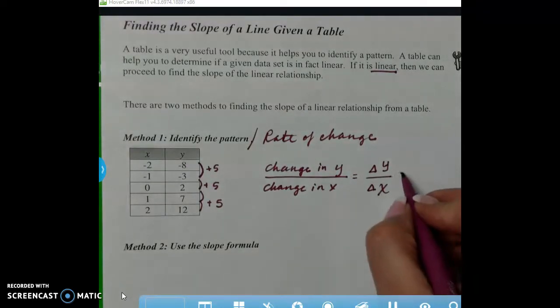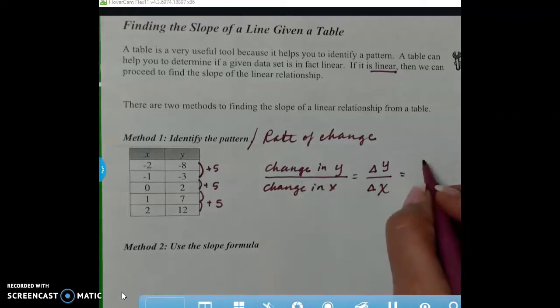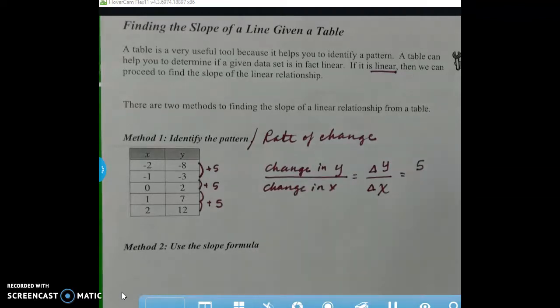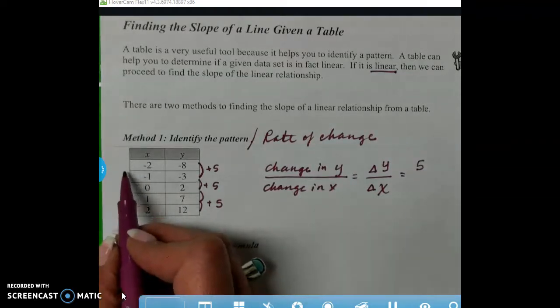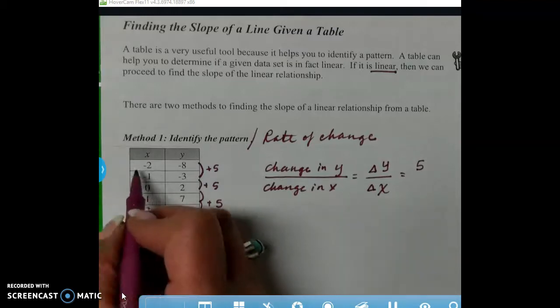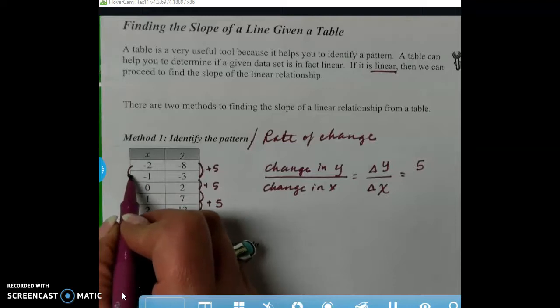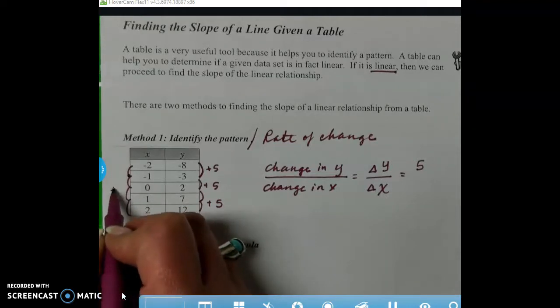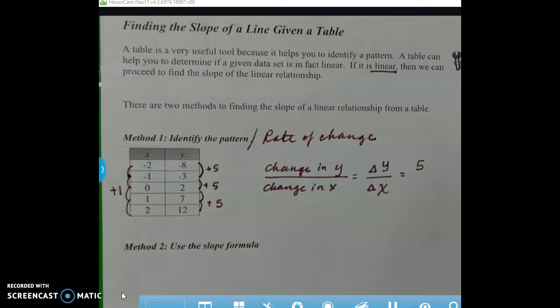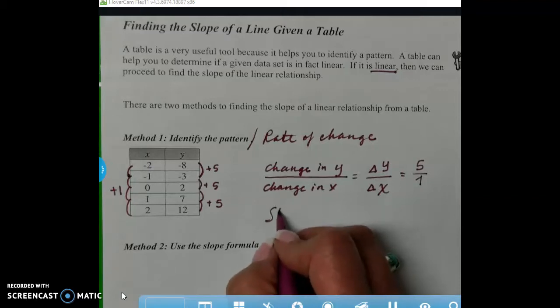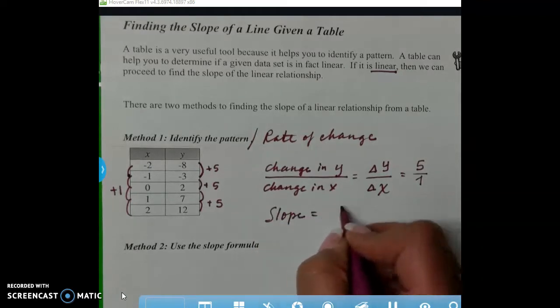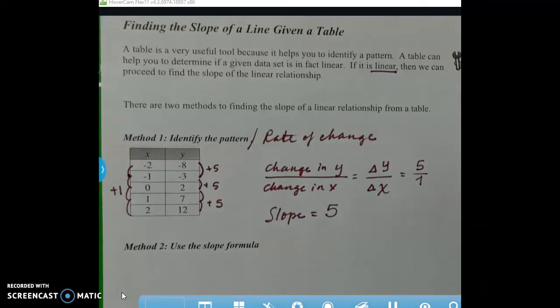All right, so we have determined that the Y changed by 5. And so we do the same type of analysis for X values. -2 to -1, 0, 1, 2, all of these are changing by 1. And here is your rate of change, aka your slope, reduces to 5.